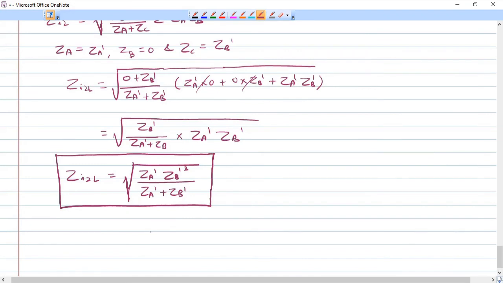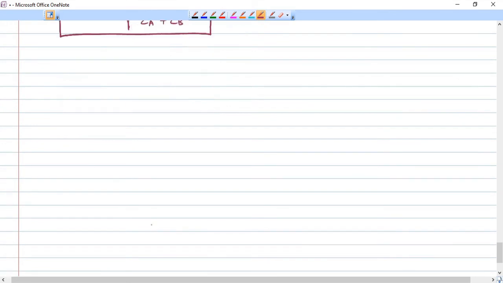Now we will take a typical numerical problem. So take an example, in which we are given an asymmetrical network like this.